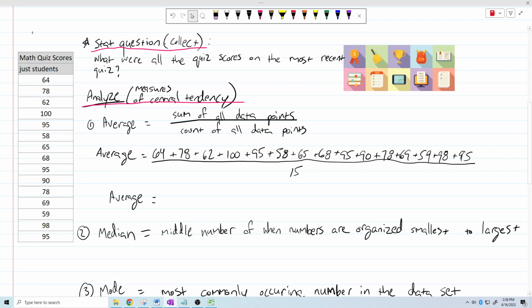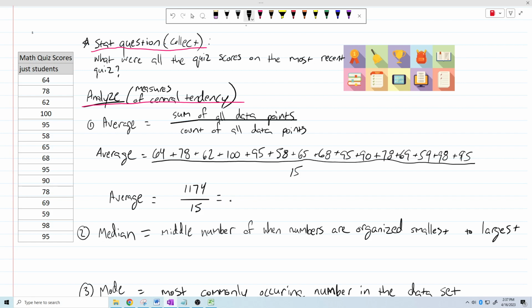Add them all up. You could do it by hand, but you can use a calculator here. You're going to get the top part, the adding of all that together: 1,174, divided by 15. We didn't do anything with the 15 yet, but we are about to.